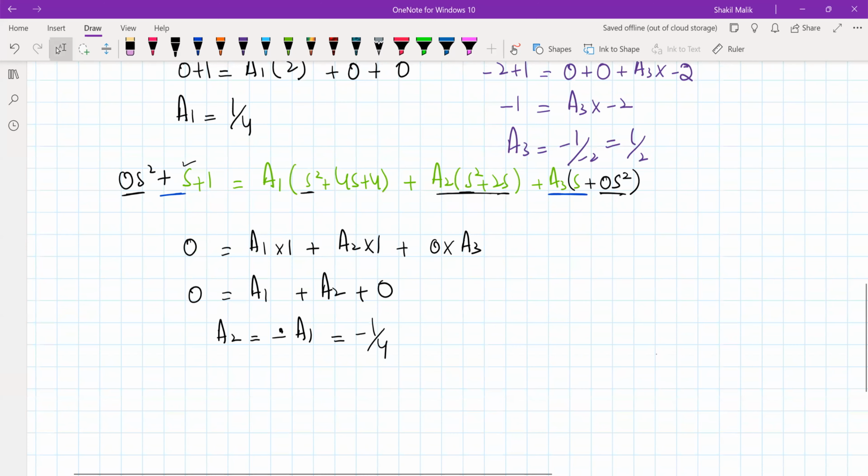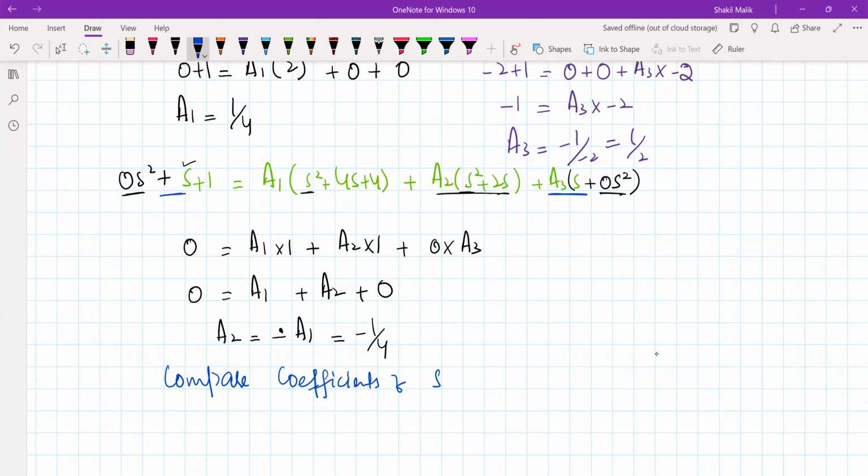So if you compare s terms on both sides, let me show you, the answer will be same. Compare s terms means coefficients of s terms, that's the meaning here. So compare coefficients of s terms we have.